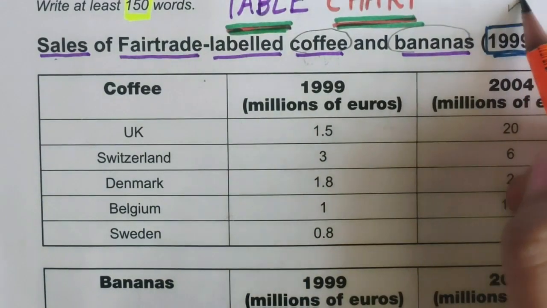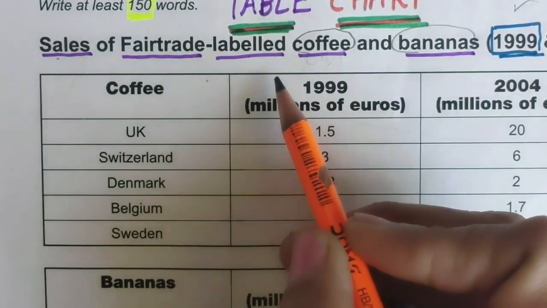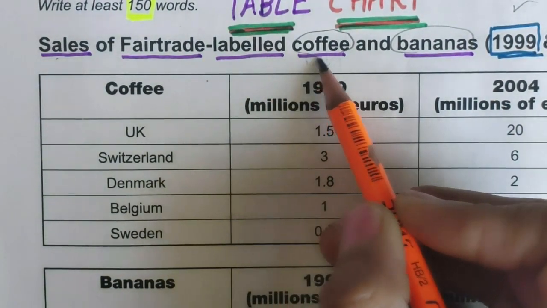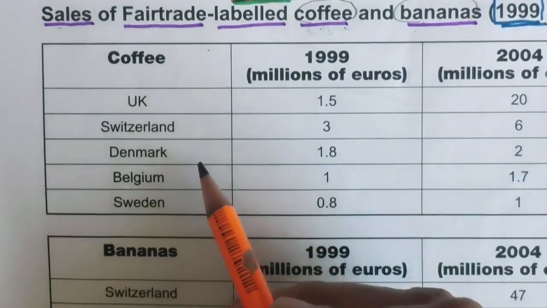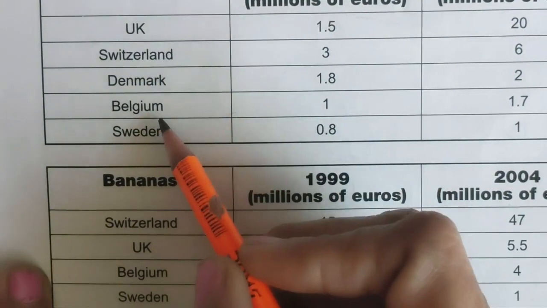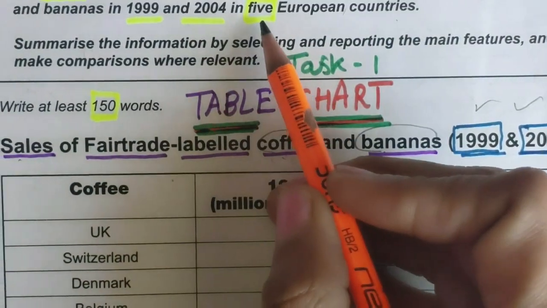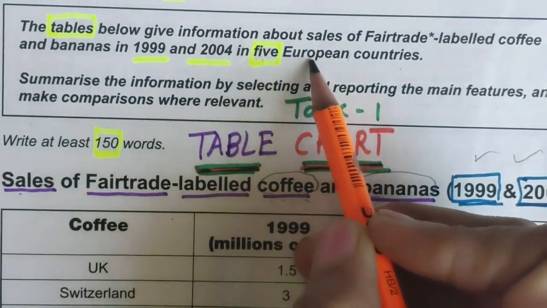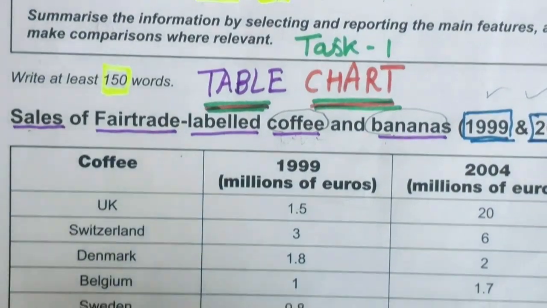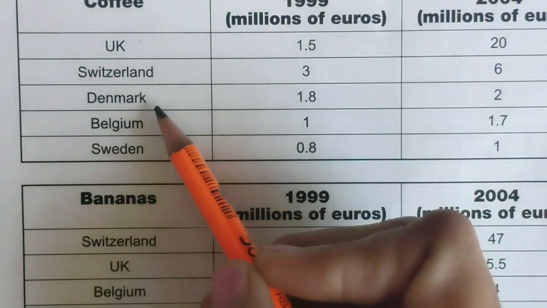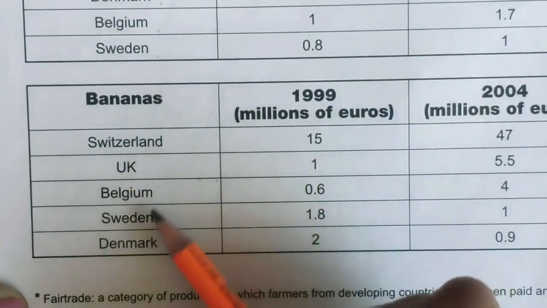So there are 2 years and 2 items, coffee and bananas, and here 5 countries. In the question statement it was given 5 European countries: UK, Switzerland, Denmark, Belgium, Sweden, and the same countries here.